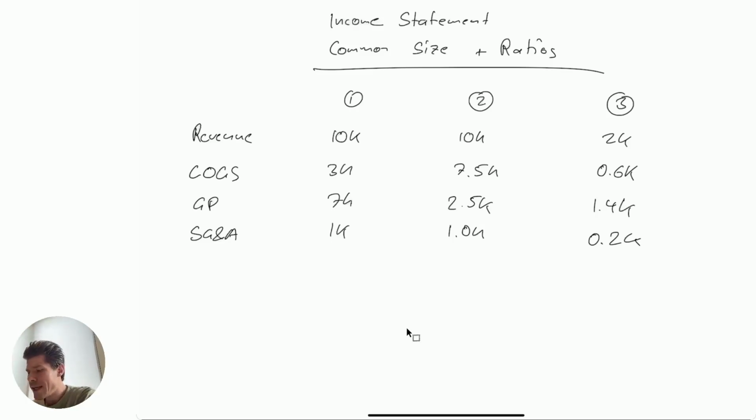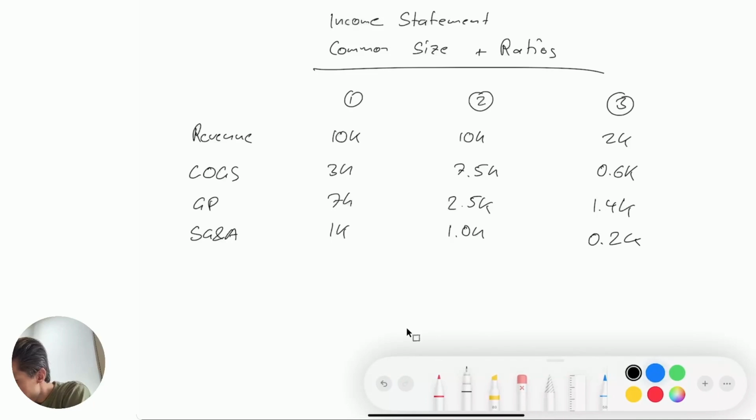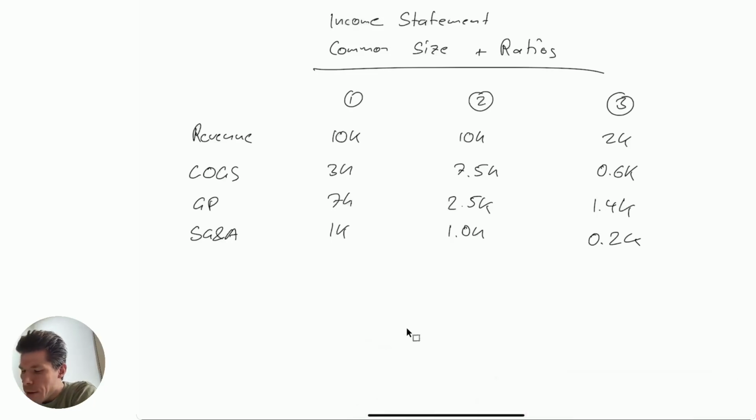So if we want to understand profitability and underlying cost, we use common size. Common size means we write down every single line item as a percentage of revenue or sales, which would be for company 1, 30%, 100%, 10%.